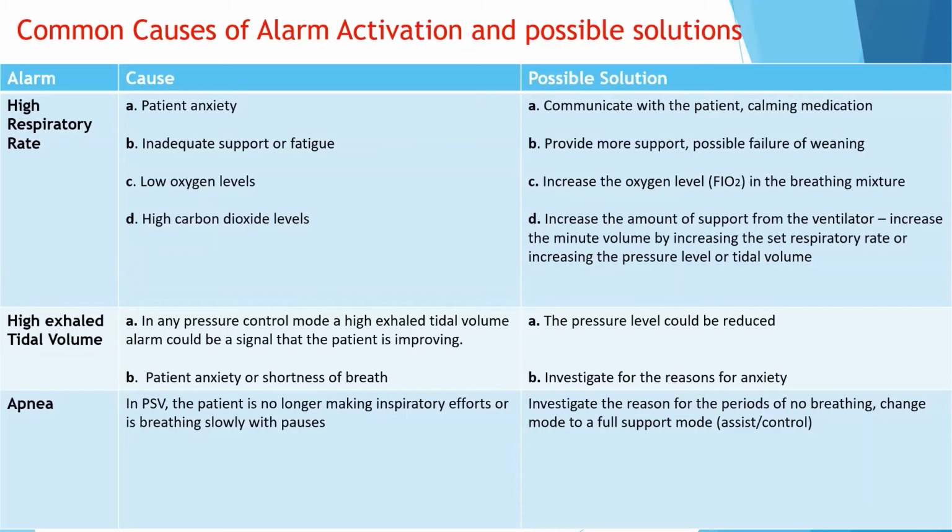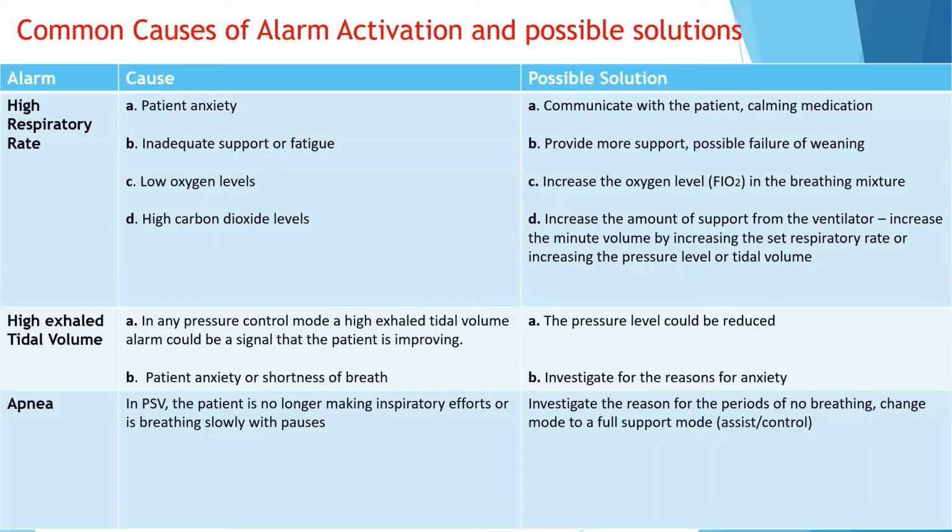High carbon dioxide level reading may also be a cause of a high respiratory rate. The patient may therefore need increased support from the ventilator, and the attendant would increase the minute volume by increasing the set respiratory rate or by increasing the pressure level.